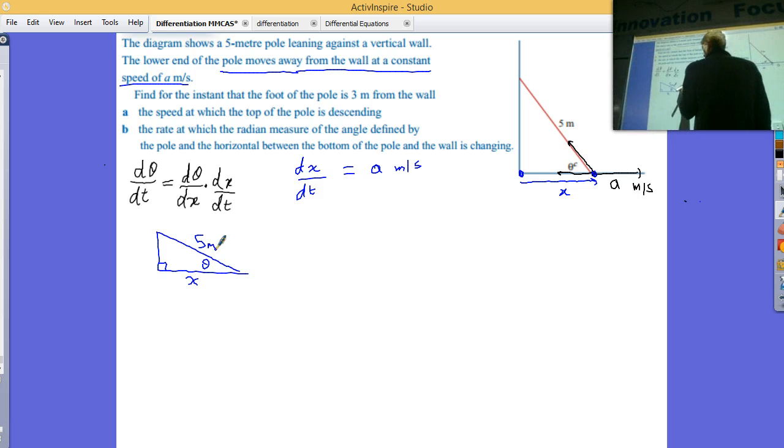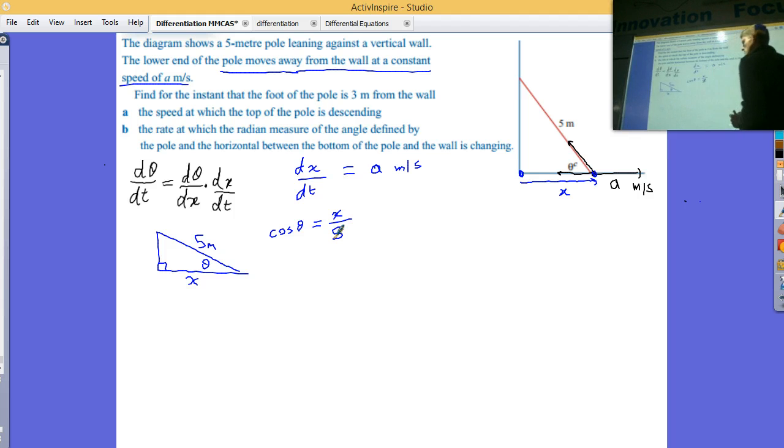I know that cos of the angle is equal to the adjacent side of the triangle, which is this side, the side next to the angle, over the hypotenuse, 5 meters. So I have an expression in terms of x: x equals 5 cos θ.